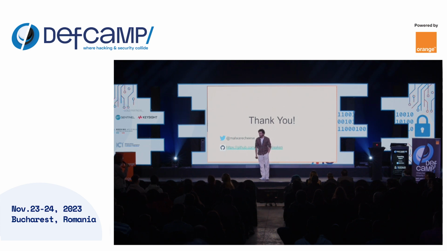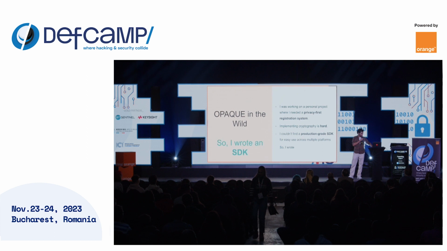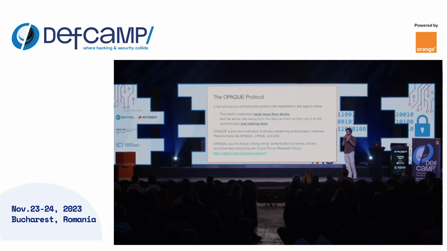One further question. Can you comment on the difference between OPAQUE and passkeys? So I know OPAQUE is the only one from the PAKE family, the family of password authenticated key exchange, that actually has privacy preserving authentications.